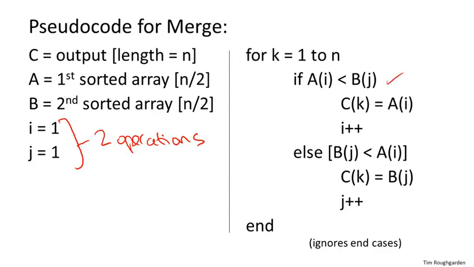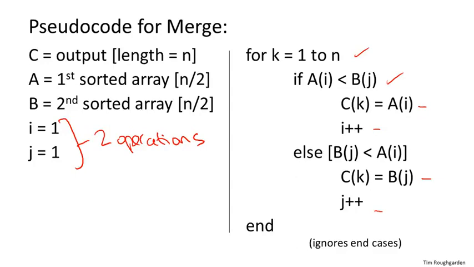So we compare A(i) to B(j). And either way the comparison comes up, we then do two more operations. We do an assignment here or here, and then we do an increment of the relevant variable, either here or here. So that's going to be 3 operations per iteration. And then maybe I'll also say that in order to increment k, we're going to call it a 4th operation. Okay, so for each of these n iterations of the for loop, we're going to do 4 operations.